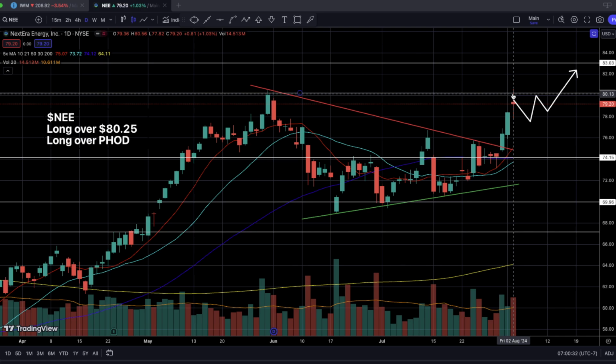So if you just want to use 80.55, or the entry point over the previous high of the day of 80.56, you guys can just use any entry point, maybe even 80.60 for your equity position.